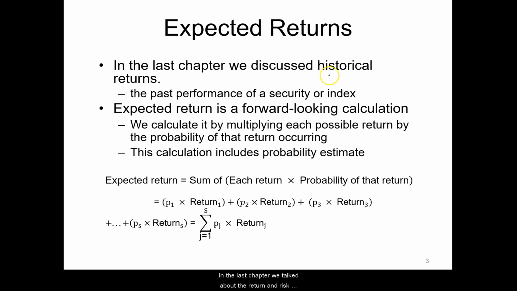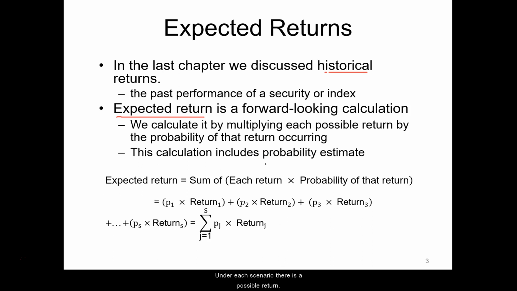In the last chapter, we talked about the return and risk based on the historical data. So what we calculated was the so-called historical return. If we look forward, or say look into the future, we are talking about the expected return, the return that we expect for a stock in the future. If you think about the future, a lot of things can happen, or say there could be different scenarios.